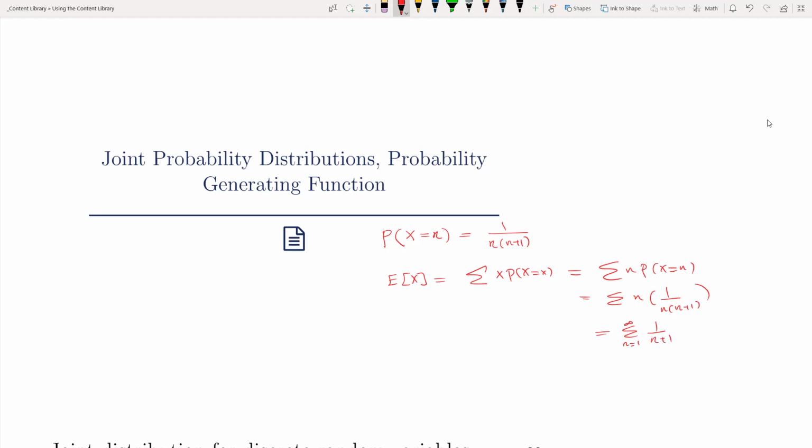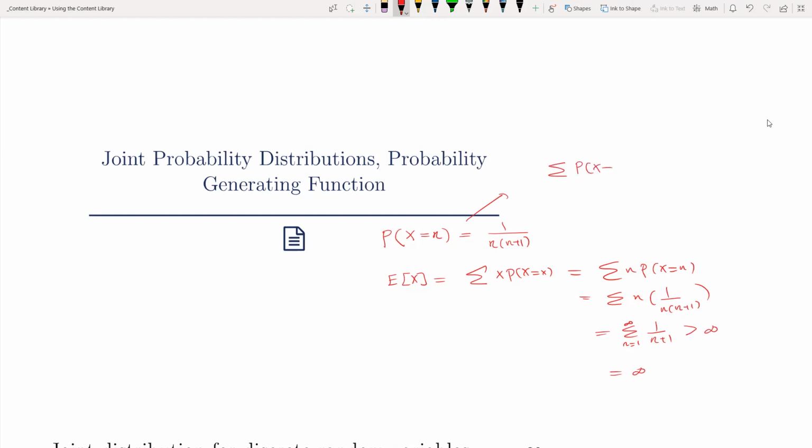Now, you can show that this series is divergent, which is a standard exercise in Calculus 1. So since this is divergent, the expected value is infinity, or not finite. By the way, remember that we have a rule saying total probability needs to be 1.